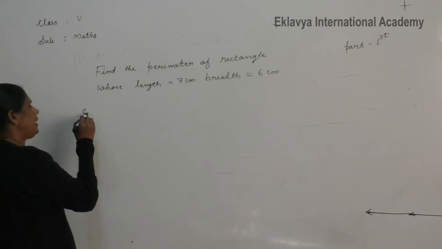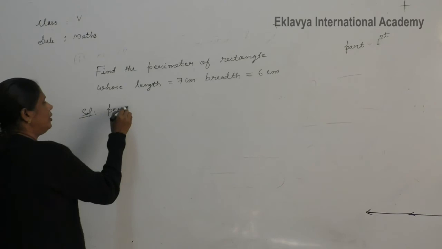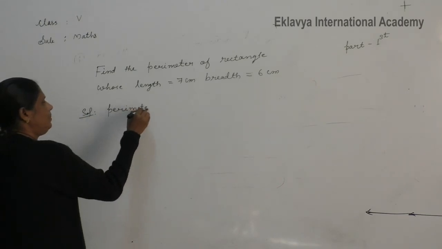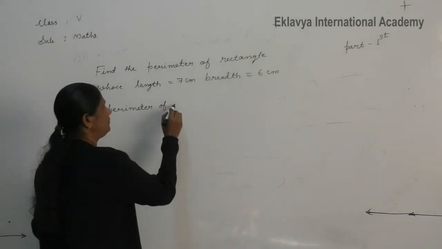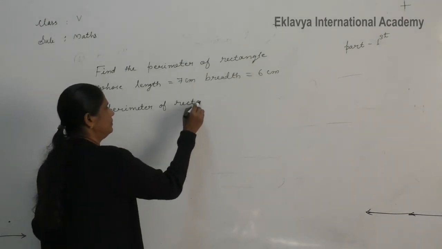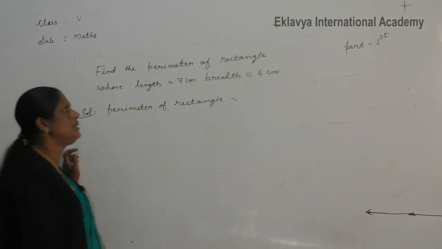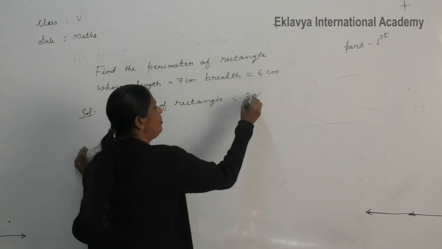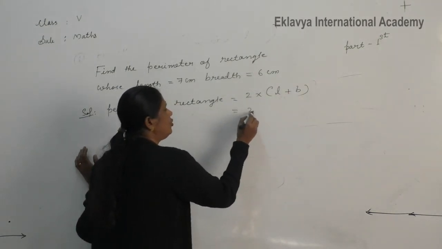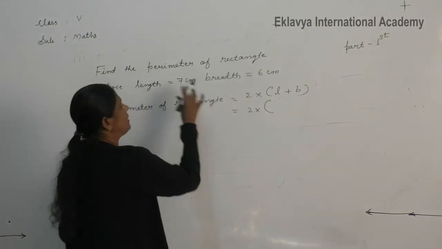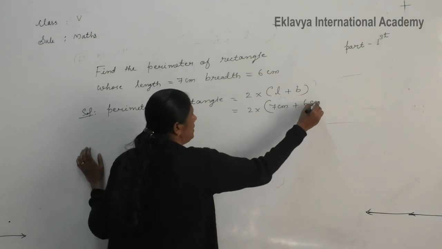First you write the formula. Perimeter of rectangle is equal to 2 multiply (L plus B), that is 2 into (7 centimeter plus 6 centimeter).